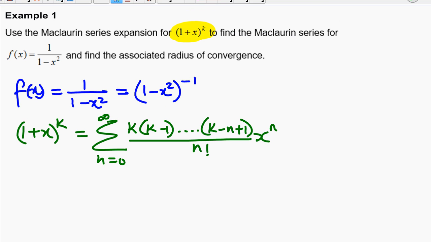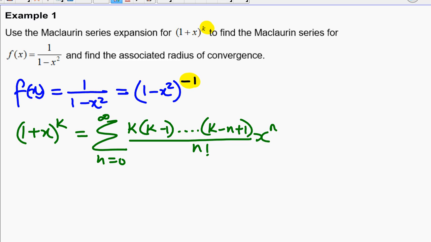All right. Now, if you look at these two functions, there's a connection between them. We can see that k is equal to negative 1.